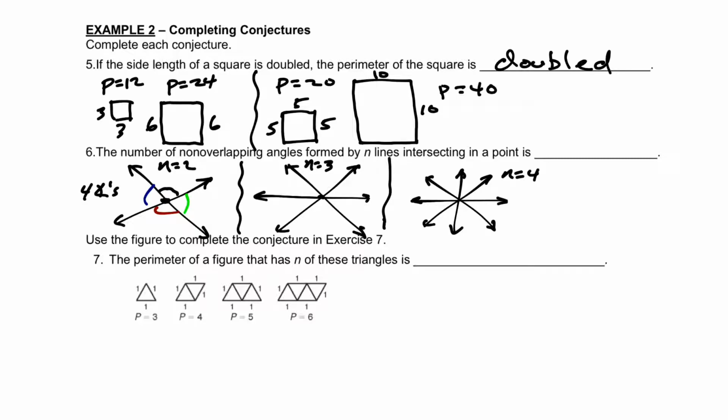So again, in this first case over here, or this first specific example, I've noted for you that we have n equals 2 lines, and then we have 4 non-overlapping angles. Now let's look at the second case where the number of lines is equal to 3. So in the second example, we have 1, 2, 3, 4, 5, 6 non-overlapping angles.